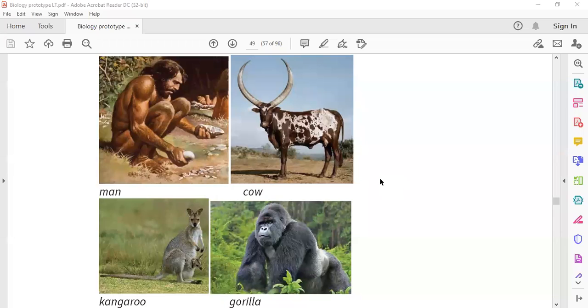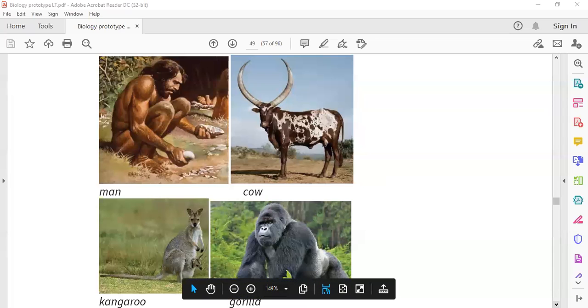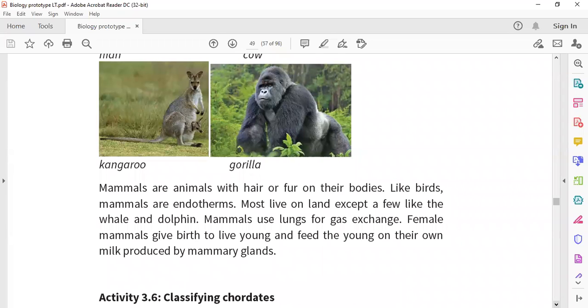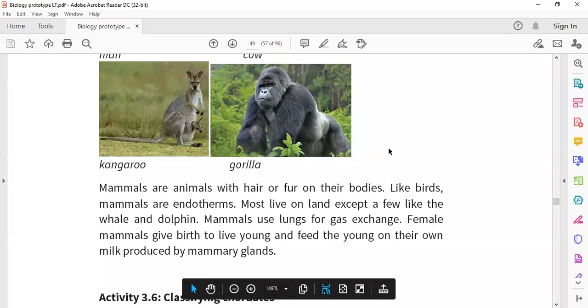Very nice. They are endothermic. That is very correct. So they have constant body temperature. That is the meaning of being endothermic. They maintain a fairly constant body temperature.